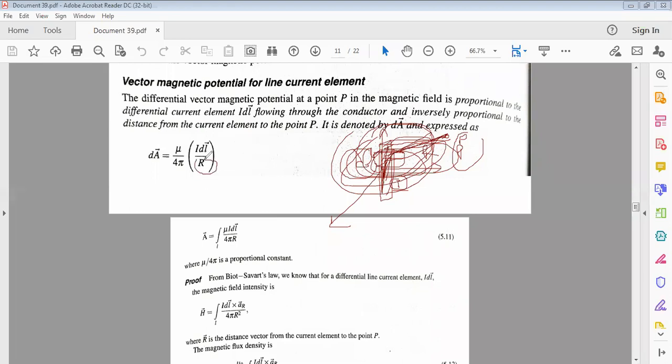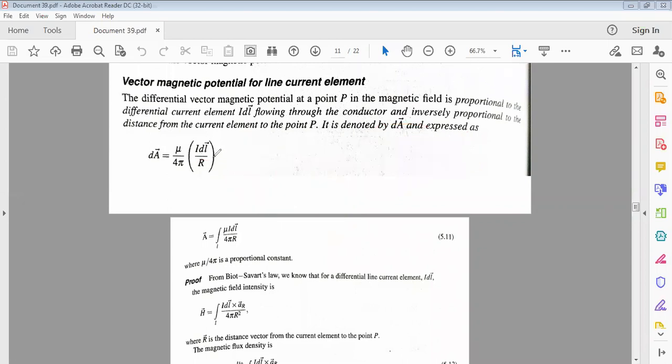So dA is proportional to IDL and dA is inversely proportional to R, that is 1 by R. That is the statement.